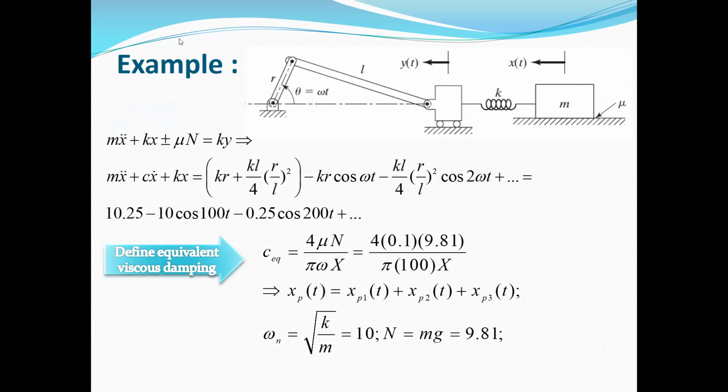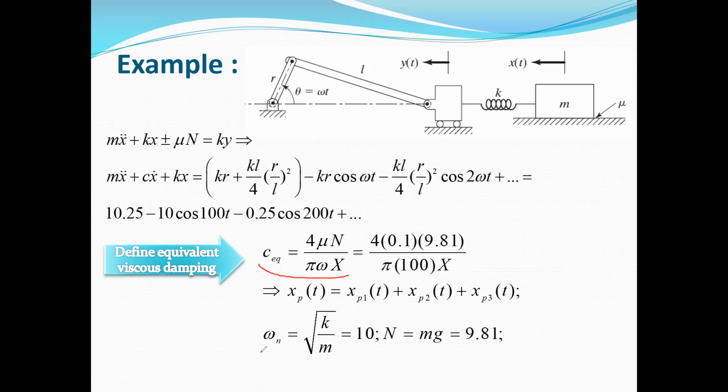Here we know that the equivalent c is equal to 4 times mu times N divided by pi omega X, where X is the amplitude of the response. And once you substitute here, we will have the equivalency, and then we can substitute into the equation of motion.